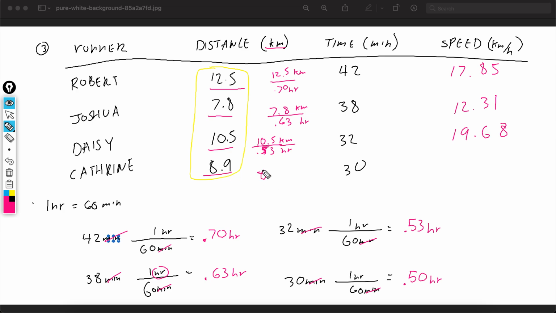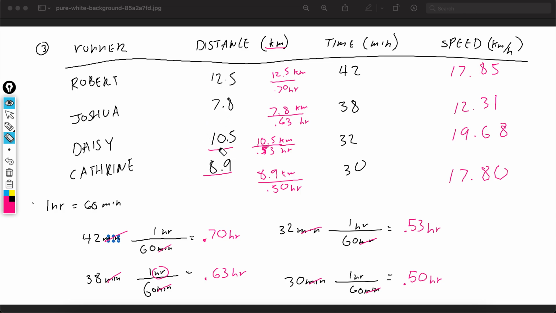Last one, we got 8.9 kilometers, and that was 30 minutes for Miss Catherine. We converted it to 0.50 hours. So we got 8.9 kilometers divided by 0.50 hours. Obviously, we know the answer is going to be kilometers over hours. That is 17.80.